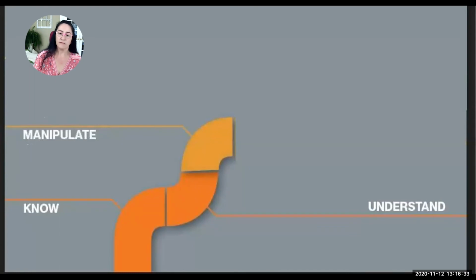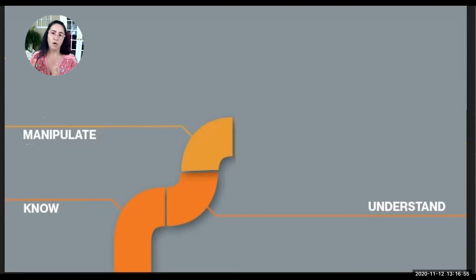The next piece is an opportunity where the learner is ready to manipulate the data, right? Based on, again, building on the basic knowledge they've acquired so far. They know the basic metadata about the information.